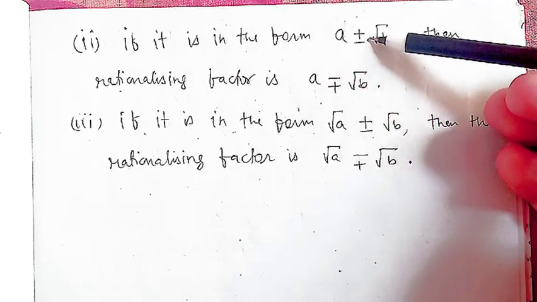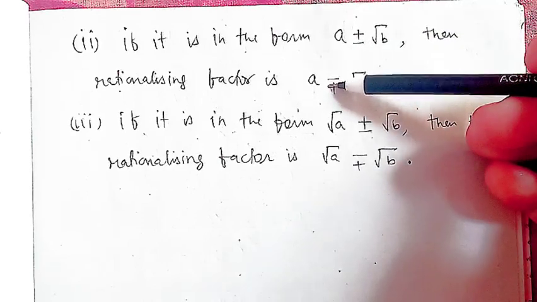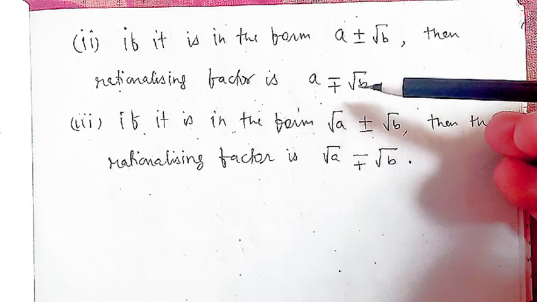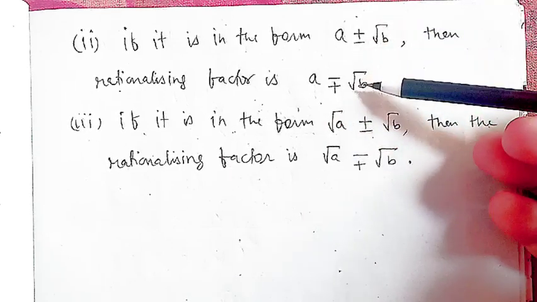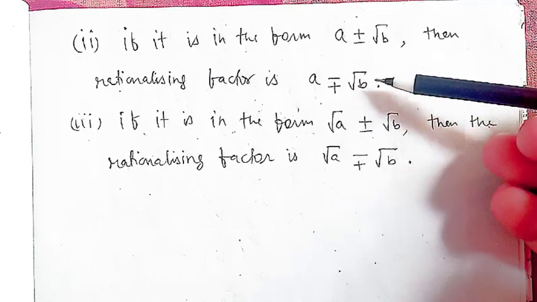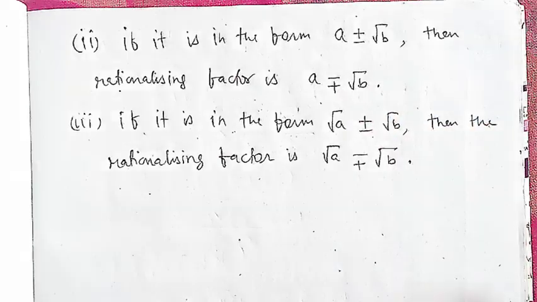If the denominator has minus here, then its rationalizing factor has plus here, meaning the sign of the irrational part gets changed. Here plus, then here minus; here minus, then here plus.